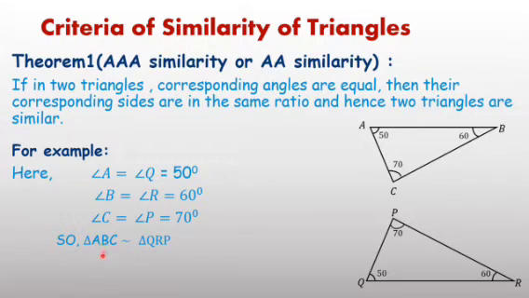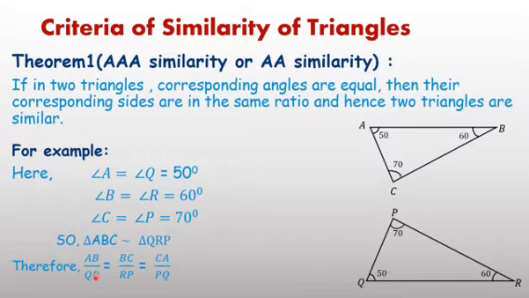Now, corresponding sides are in the same ratio. In the numerator write from the first triangle AB, BC, CA. To write the corresponding sides there are two options. One method: if triangle written in proper order, AB means first and second point I have taken. Then second triangle in denominator again you take first and second point, means QR.